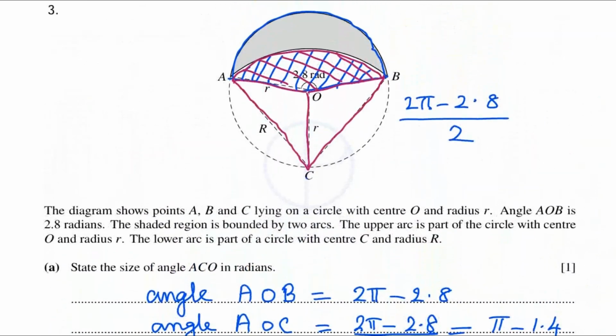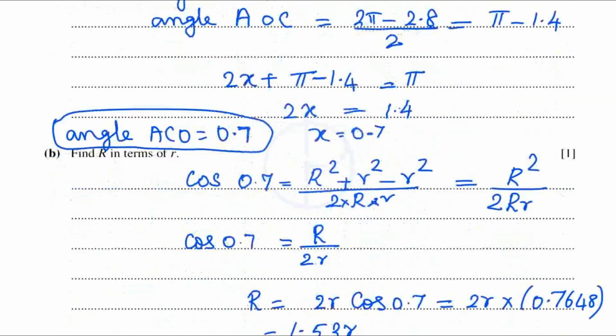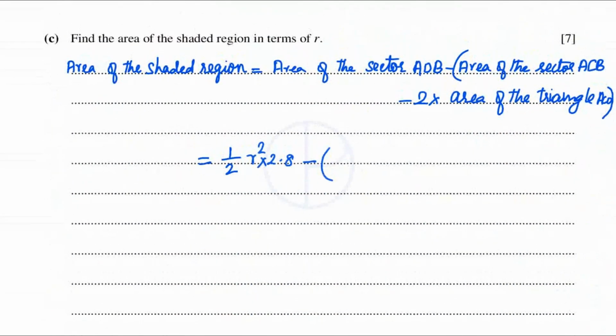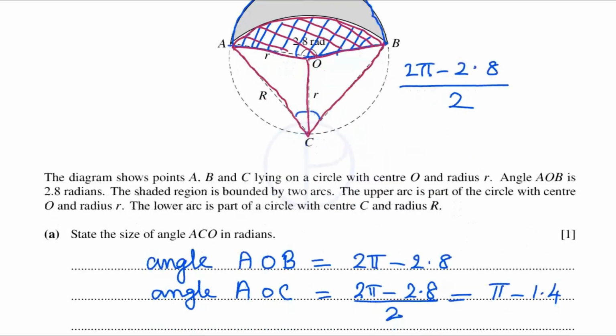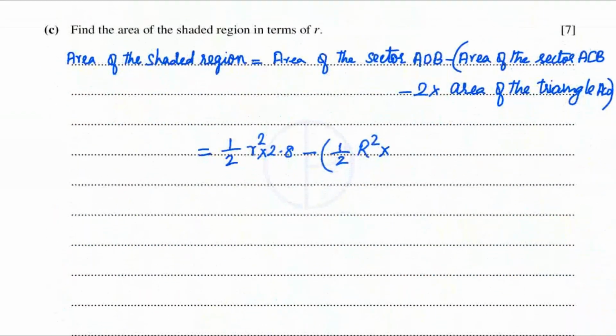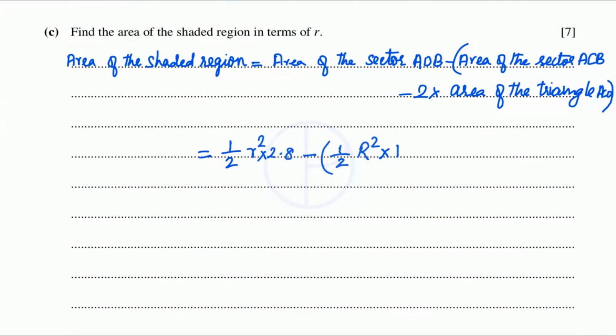Here the radius is capital R. So one half capital R squared multiplied by the angle, here it is 0.7. So this side 0.7. Totally it is 1.4. Minus twice the area of the triangle.